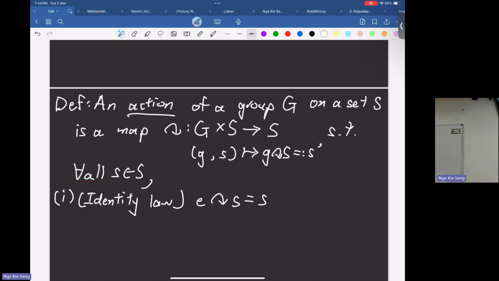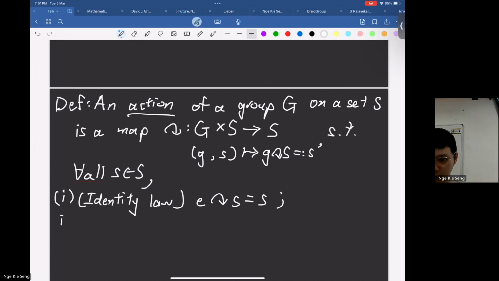Why should there be a relation? They could be different. But I require that the identity element in my group, because to be a group you have to have the identity element, has to act trivially on my set. It doesn't change my set. Make sense? Okay, so this is the identity law.